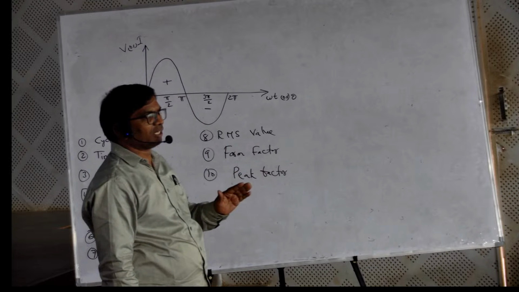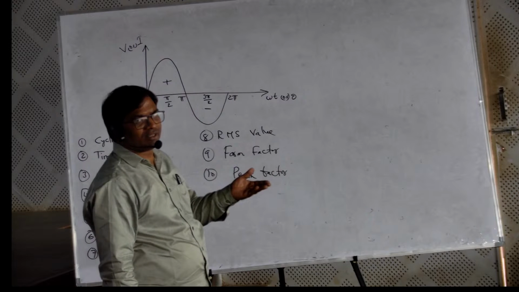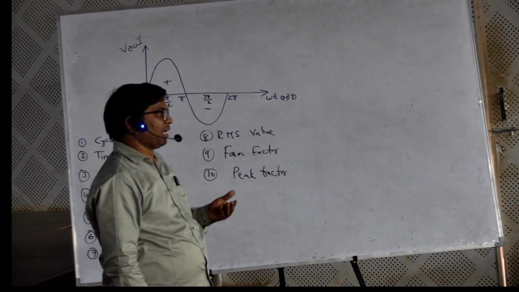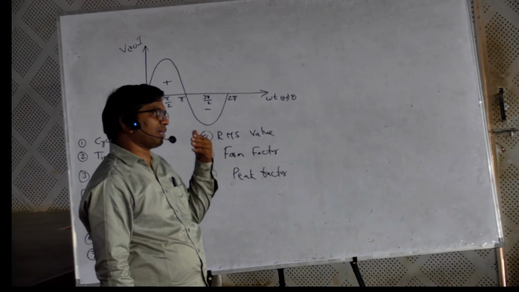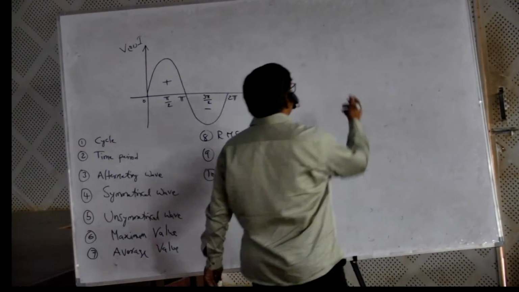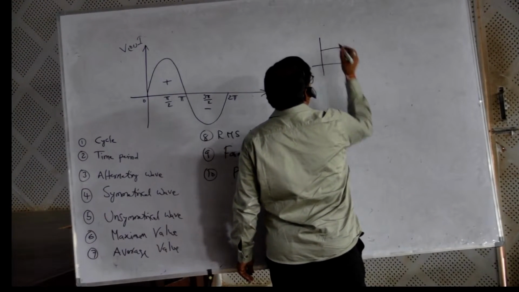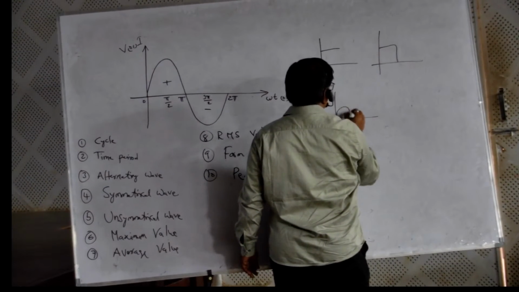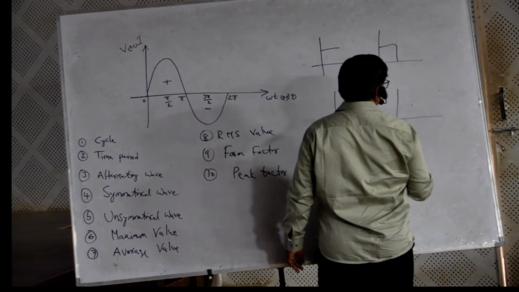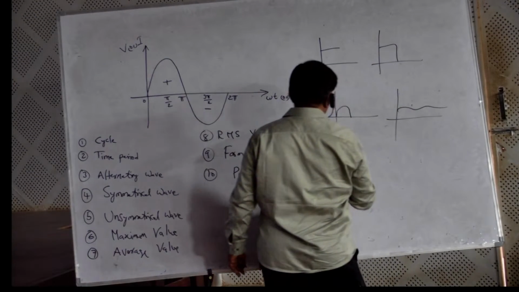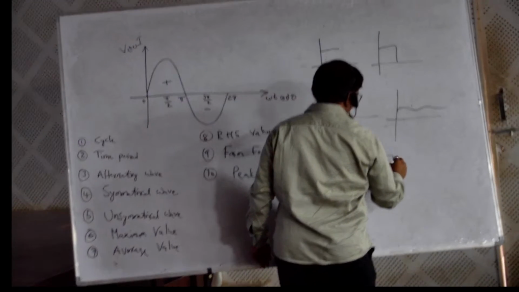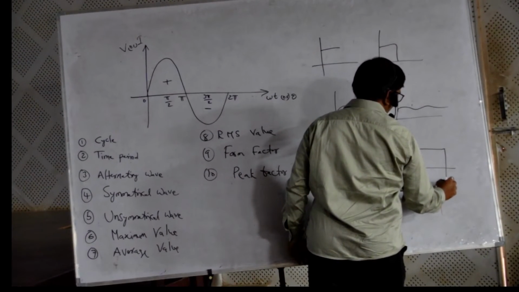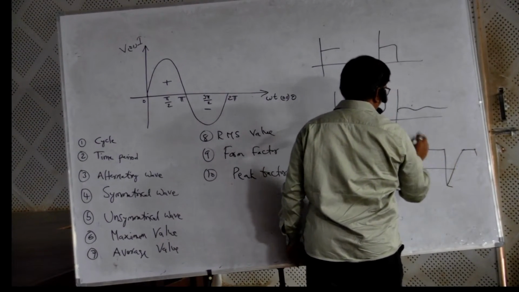In a wave, on the y-axis we have magnitude and on the x-axis we have time. Anything like this is a wave.